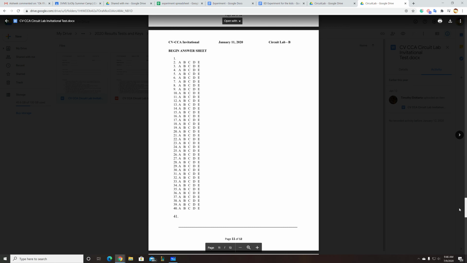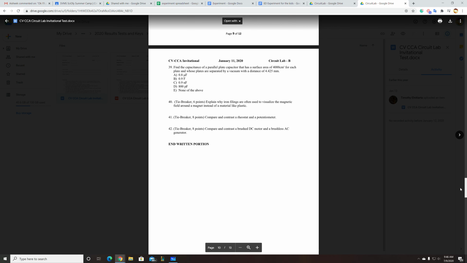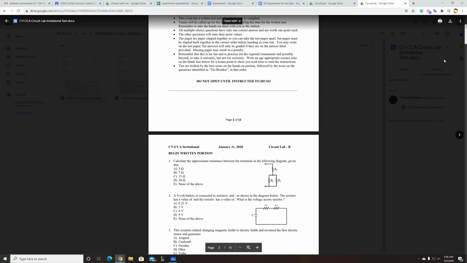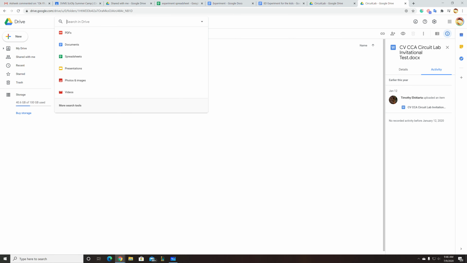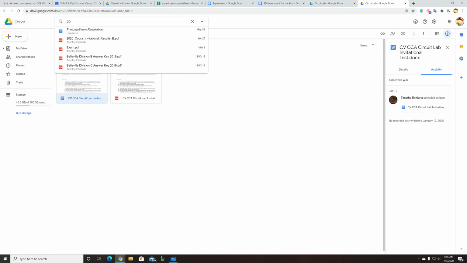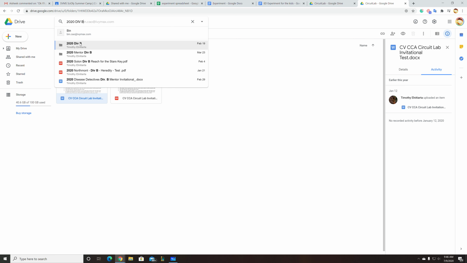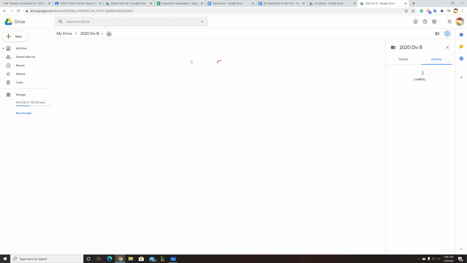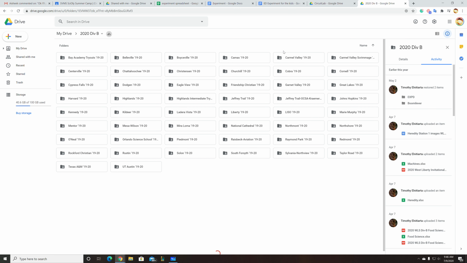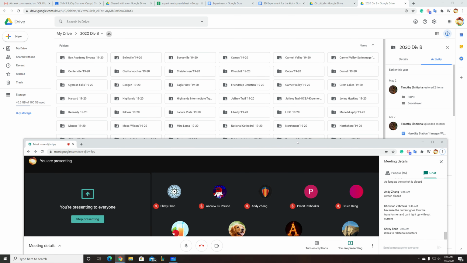Oh no, they did give the answer key. No, JK, they just gave us the answer sheet. Oh my god. 2020 div B, then the last one is the div B folder. This is the only other one I know. Oh, we also have this test folder. You guys have so many. It's a great idea to go do practice tests.